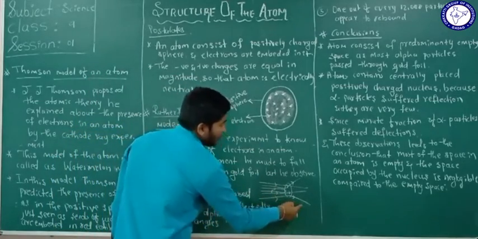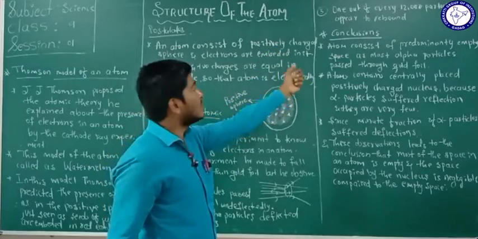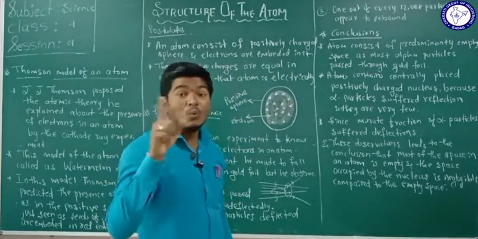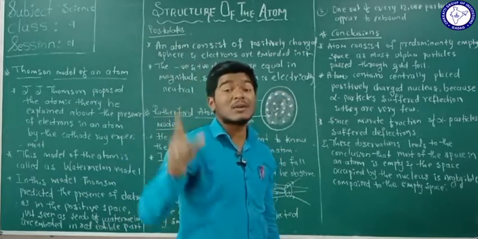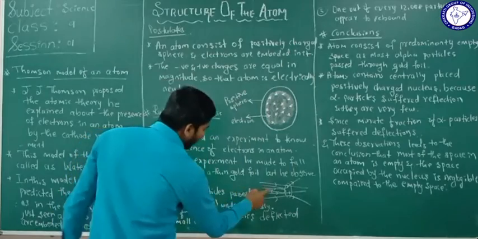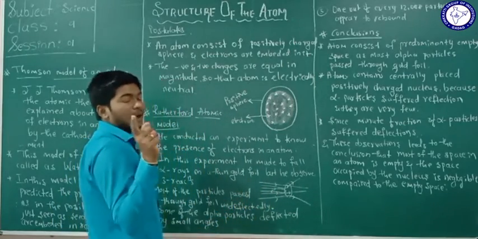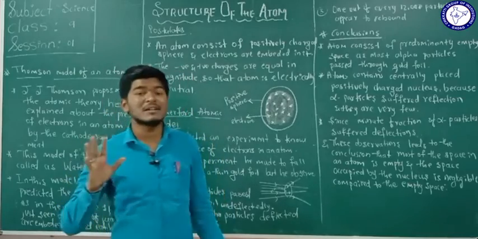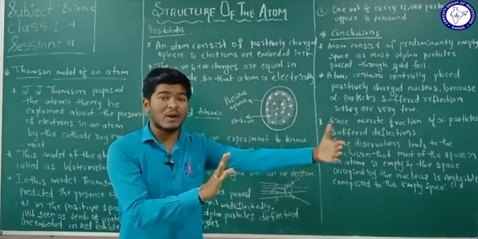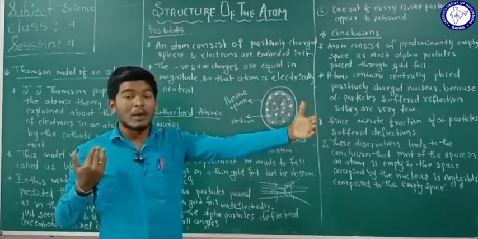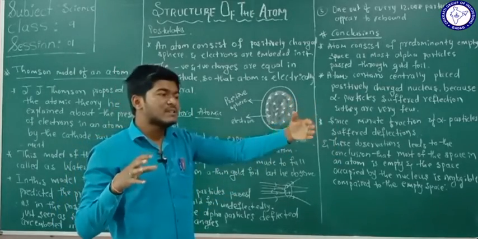When they fell on the gold foil, only a few particles had a deflection. And the third observation is that 1 out of every 12,000 particles appears to rebound. If you make 12,000 alpha particles fall on a gold foil, only 1 alpha particle will rebound.